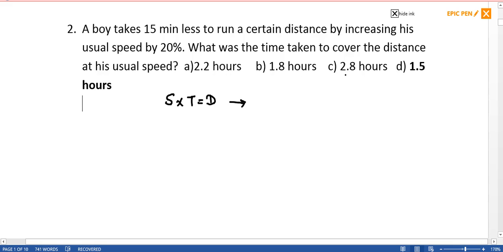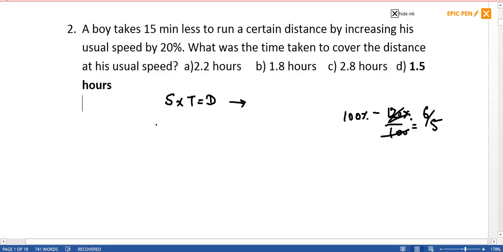But now he increases his speed by 20%. So in the earlier case, if the speed was 100%, now the speed is 120%. What is 120%? It is 120 by 100, which is 6 by 5.